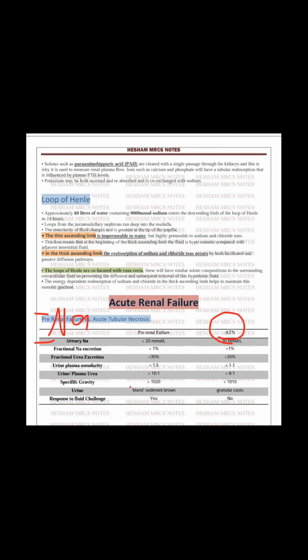Otherwise, all are reduced in intrinsic renal disorder. Just to keep this, no need to know numbers except that you will have increased urinary sodium, by about 10 or more. But here, you will have reduced urinary sodium, by less than 20. This is the only number you should keep.